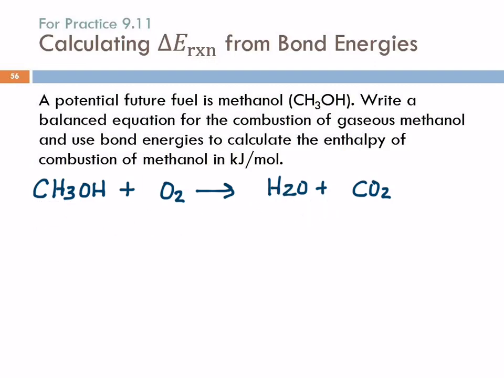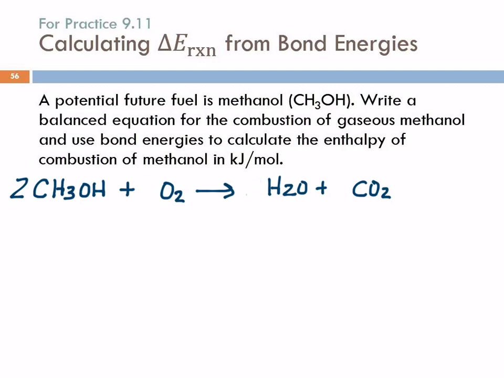So then we have to balance this. One carbon, 4 hydrogens. We've only got 2 over here, so we need 2 hydrogens there. 2 oxygens. There's 4 oxygens here, 3 over there. So that's going to be a problem. This is one of those fun ones. Well, let's try 2 over here.